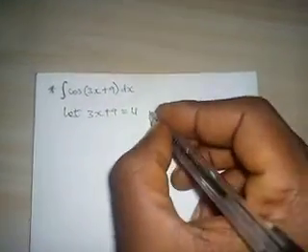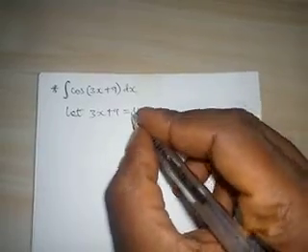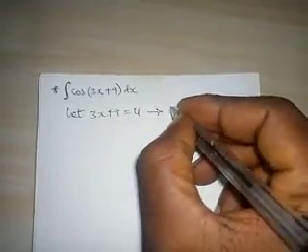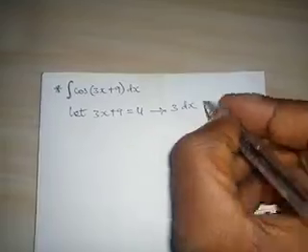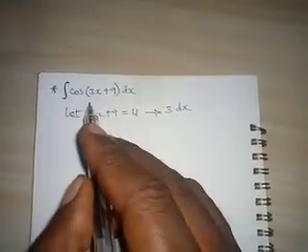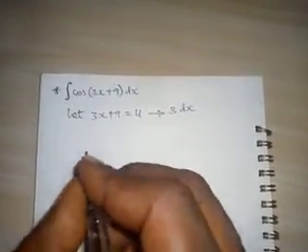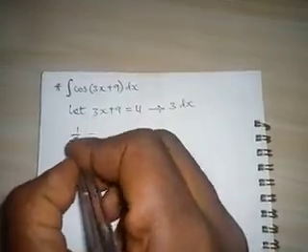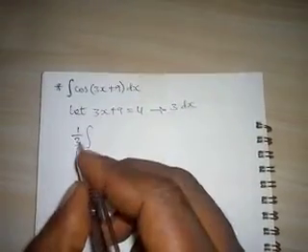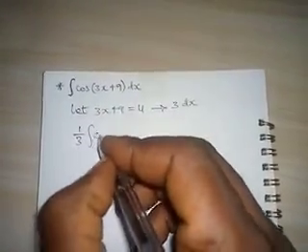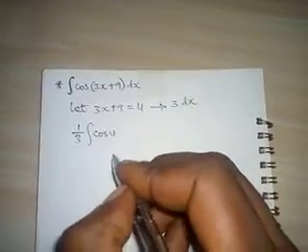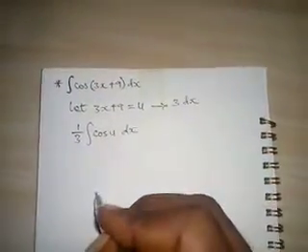Because of that, if we differentiate u, we are going to get 3 with respect to x. So we can rewrite this question by saying 1 over 3, because it doesn't have x again, integral of cos u with respect to x.